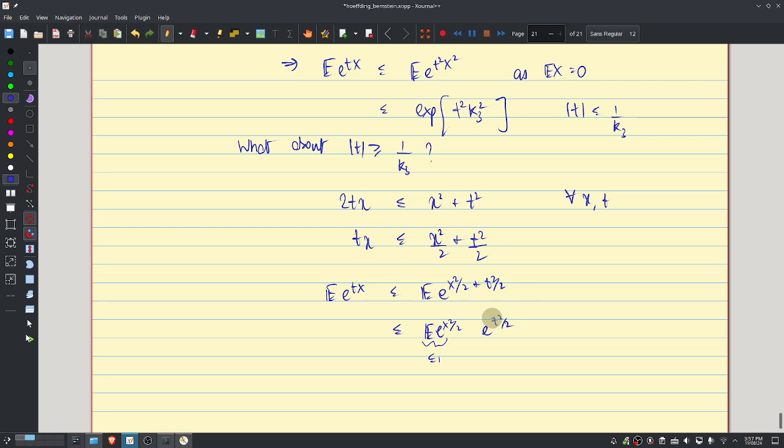So this is t square over 2, so this is definitely less than or equal to e to the power t square k square for some k. I only need to worry about mod t greater than or equal to 1 over k.